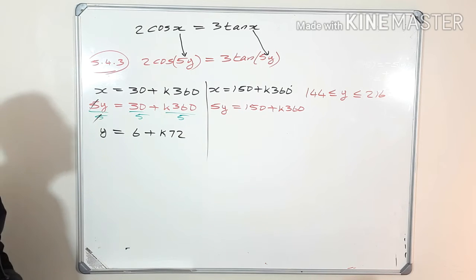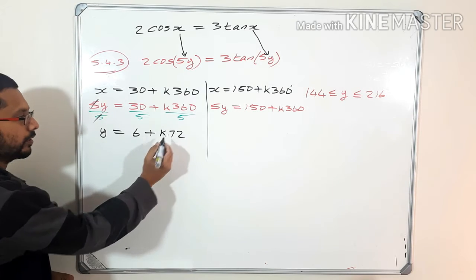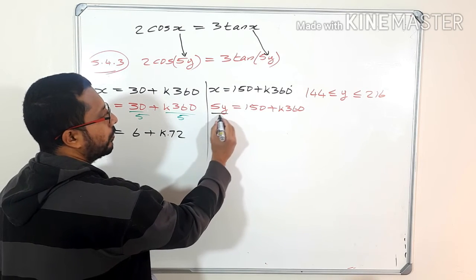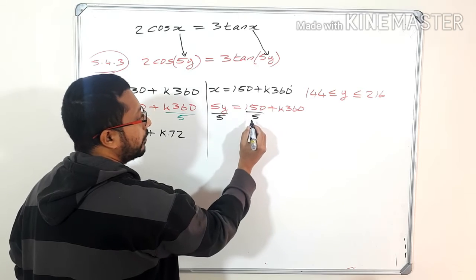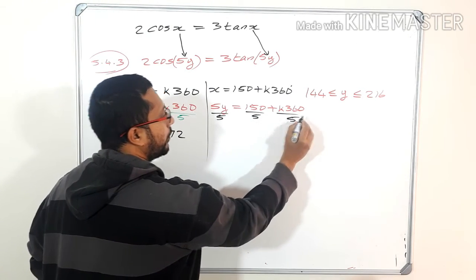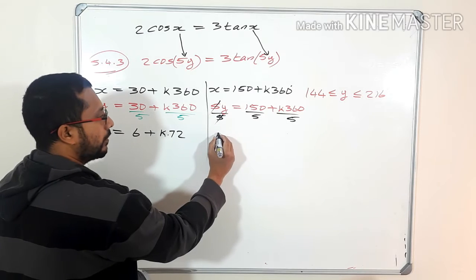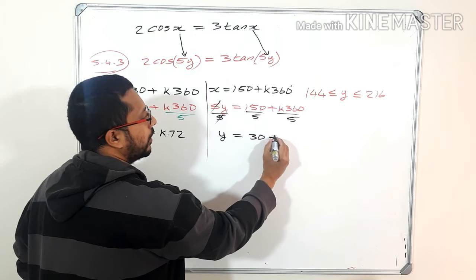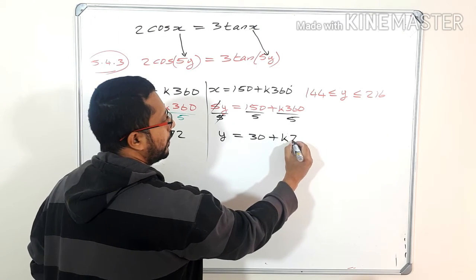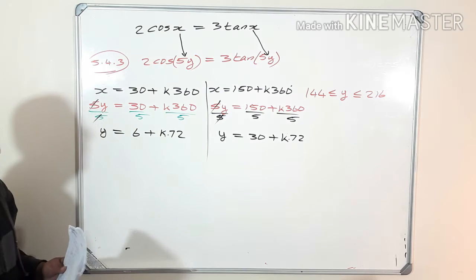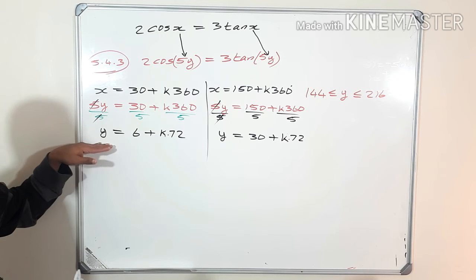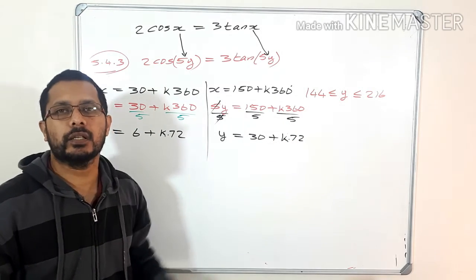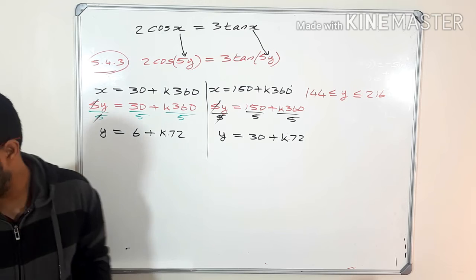And here also, if I divide throughout by 5, the 5 and 5 cancel. So y is equal to 150 divided by 5 is 30 plus k times 72. Now we got expressions for y: y is equal to 6 plus k 72 and y is equal to 30 plus k 72. Now look at our question.